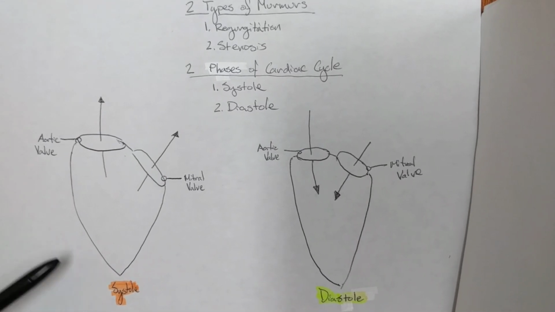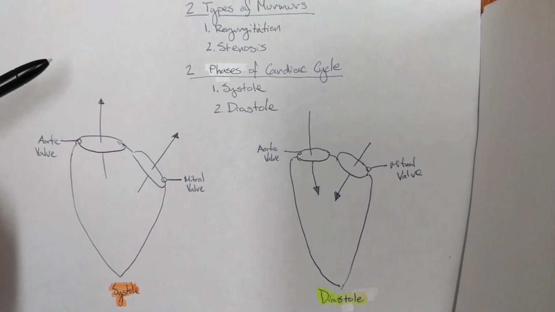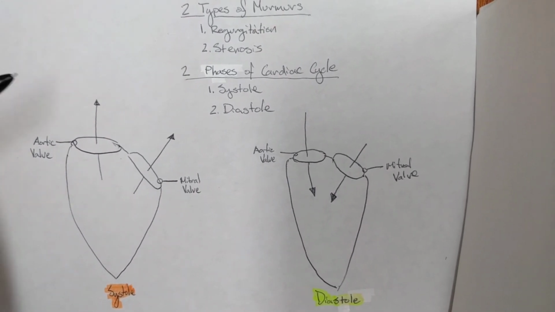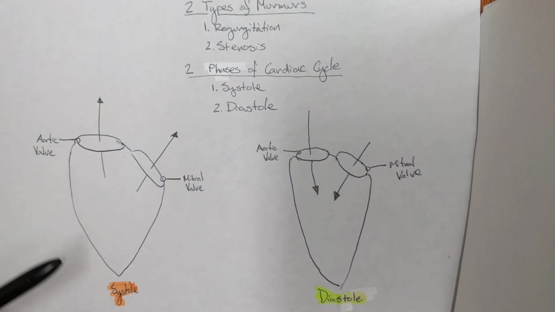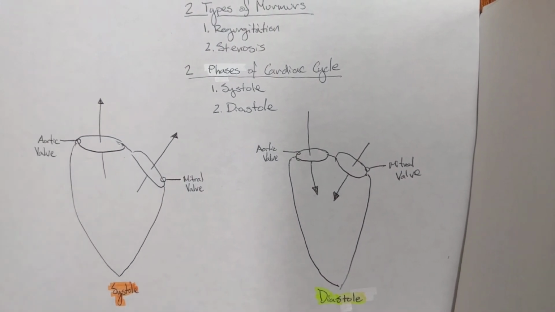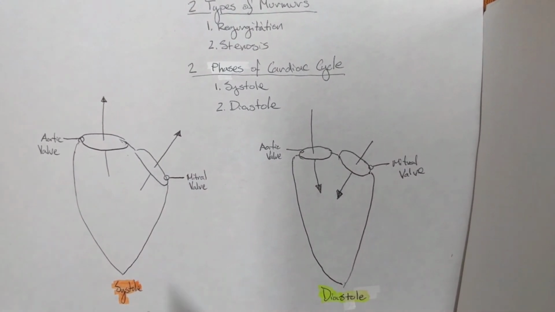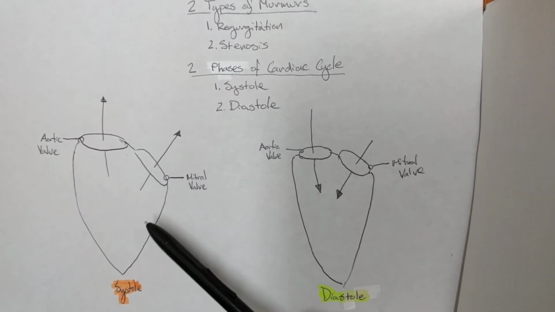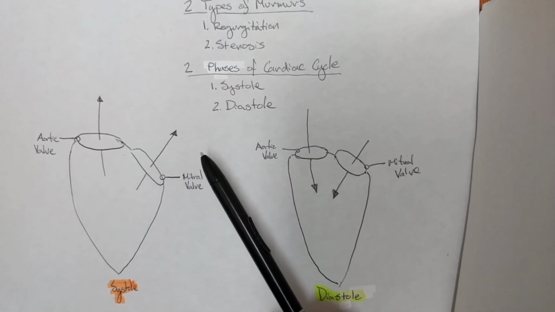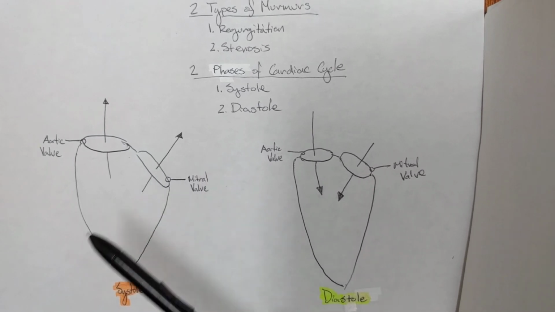During systole, blood naturally goes through the aortic valve and into the aorta and into the body, and that's going to create a stenotic murmur. It shouldn't go through the mitral valve, but if it does, then you're going to have a regurgitant murmur.